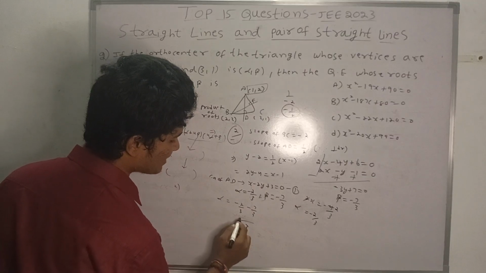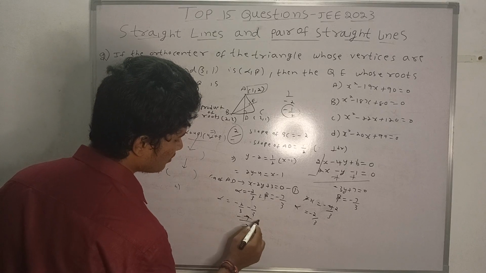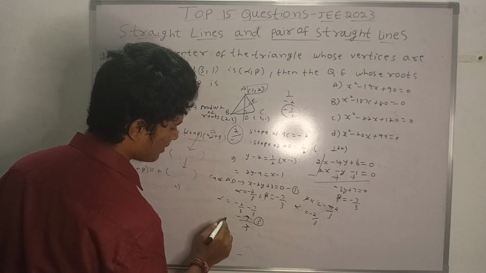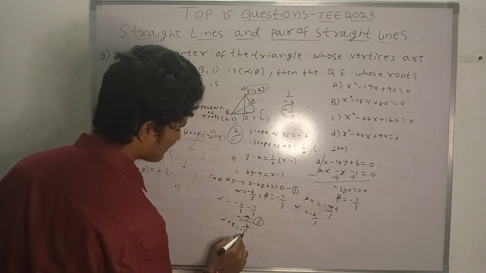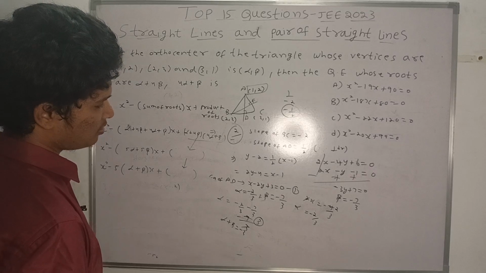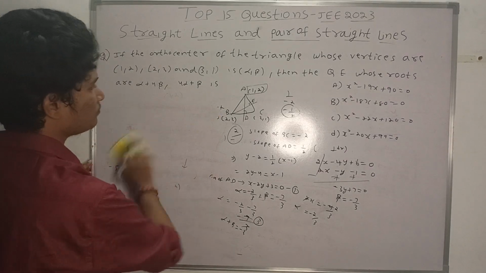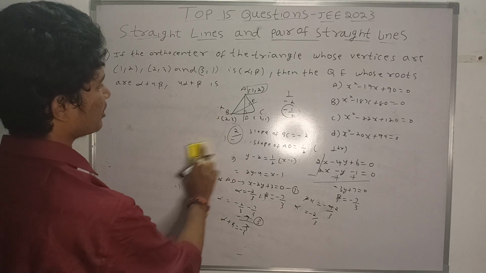Minus 2 minus 7 is minus 9, over 3, that is alpha plus beta equal to minus 3. One second. Wait, I will solve this question again. Some error has happened here.